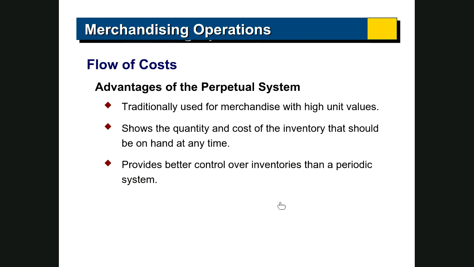The advantages of perpetual, let's go, we have this here, is that it is traditionally used for merchandise with high unit values. You see that here, Ms. Safia? High unit values, like I was saying, a plane or a ship, right? So when you sell a plane, it's millions, right? So you can calculate the cost of that one plane, no problem.